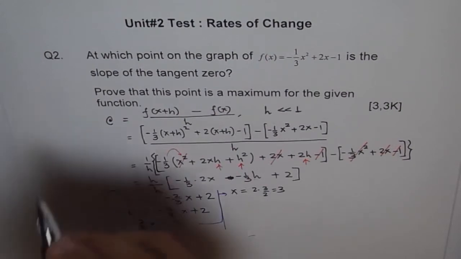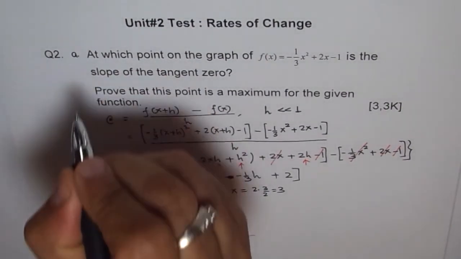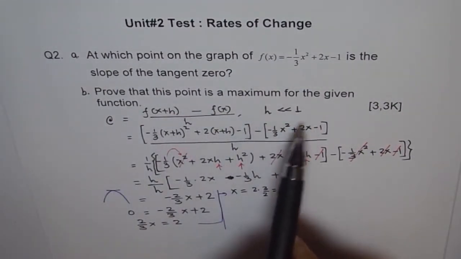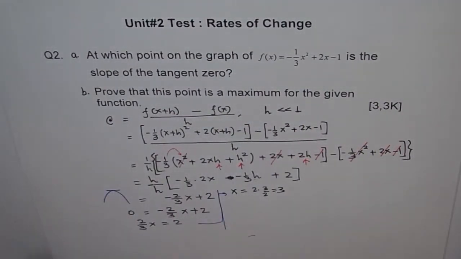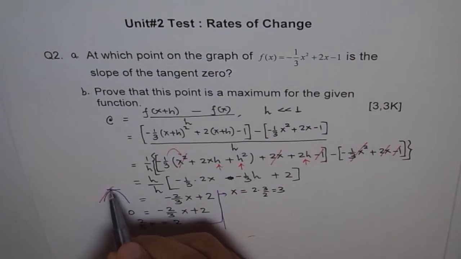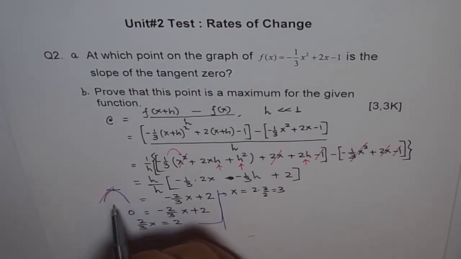Now the second part of the question is, let me write this as a and this as b. Prove that this point is a maximum for the given function. So from the graph we know it is a maximum, but how to prove it? If I find the rate of change on the left side of this point, it should be positive, and it is 0 here, right?